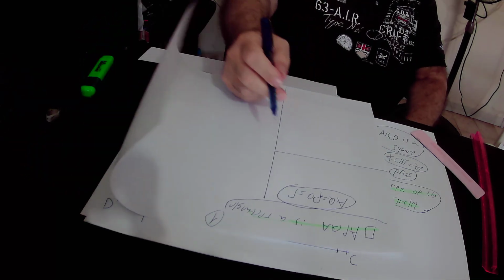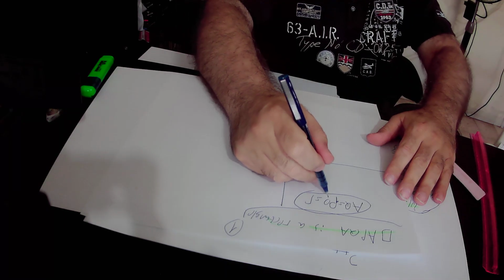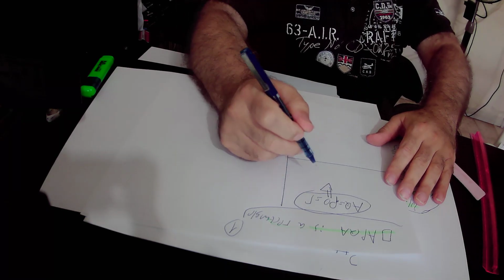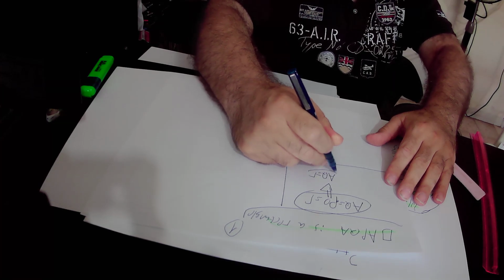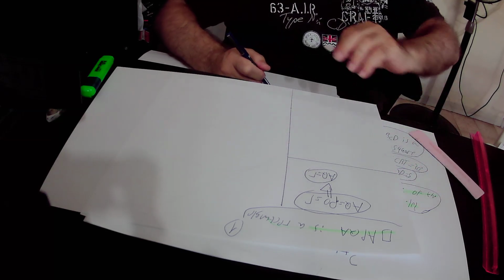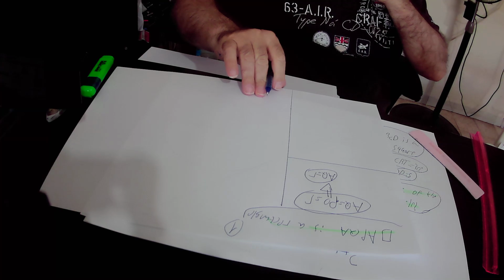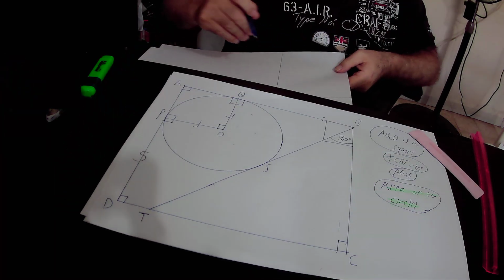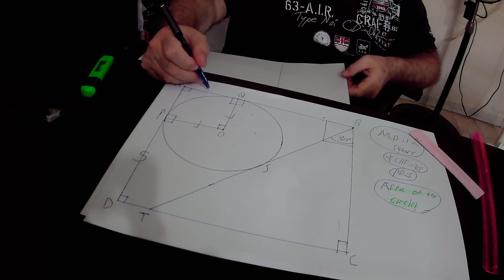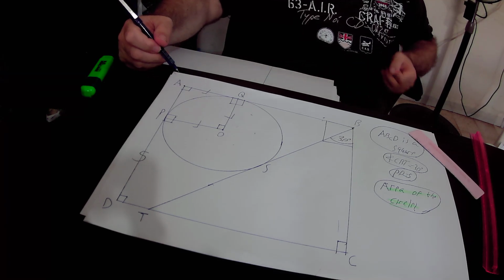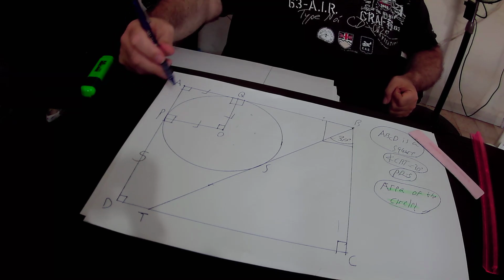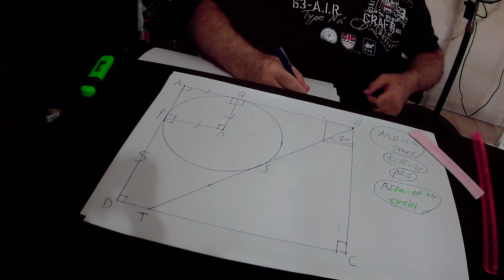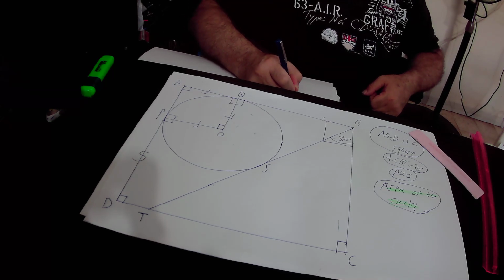And from this equation, AQ equals PO equals R, we derive that AQ is also equal to R. So here we found out that AQ equals R. Likewise, according to the same rule that the opposite sides of a rectangle are equal to each other, we get that AP equals OQ.